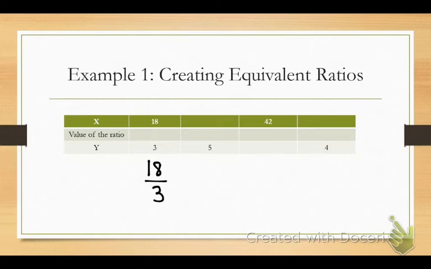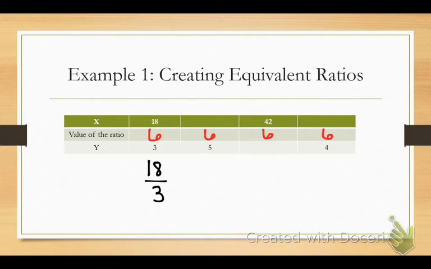So I have now found the value of the ratio. And it's going to be the same value across the entire ratio table. It has to be. In order to create equivalent fractions with the same value, I must be using the same value. Okay, so it's got to be 6 all the way across.